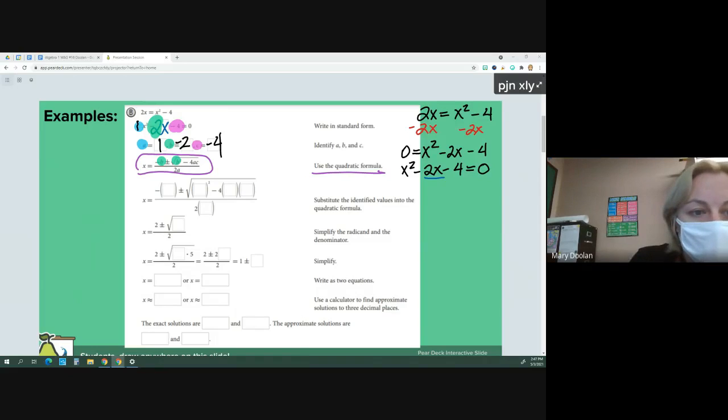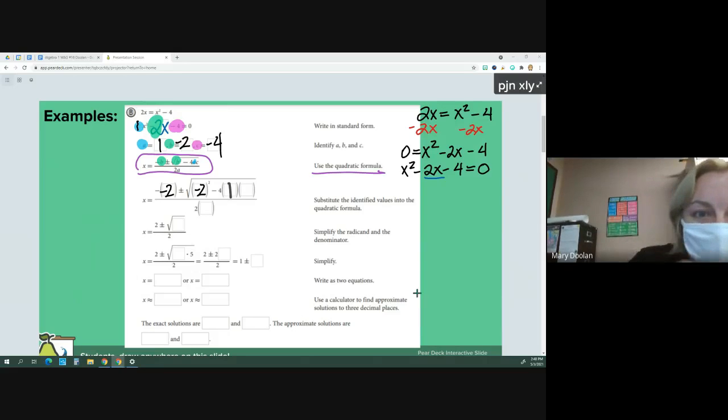So I need to write -2 in their spots. Now I'm going to replace the A with 1.